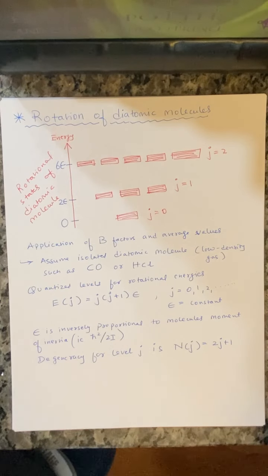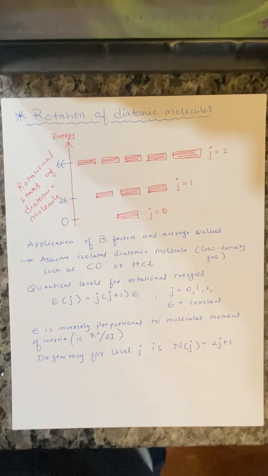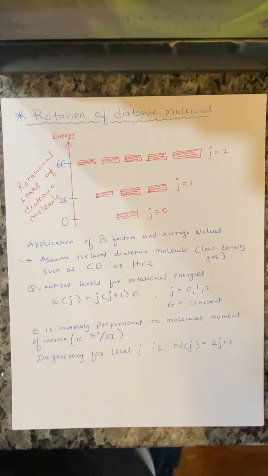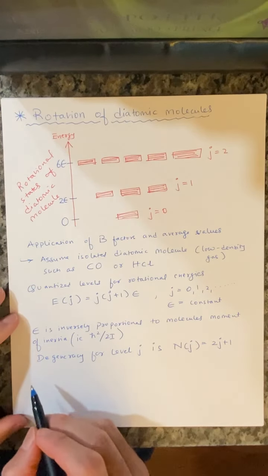What's our goal? Our goal is to understand how we are going to apply our knowledge of the partition function. So let's first quickly put down the partition function for a case like this.